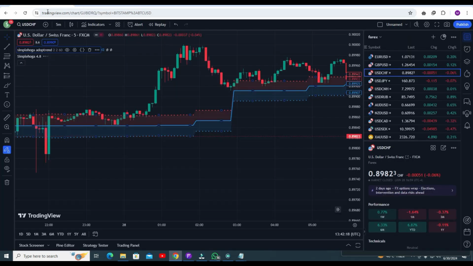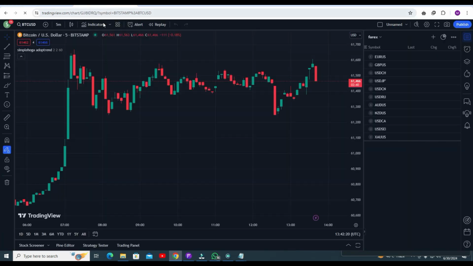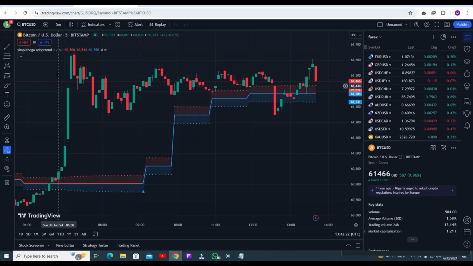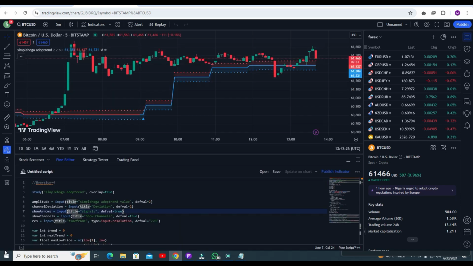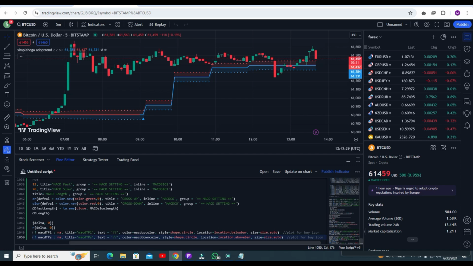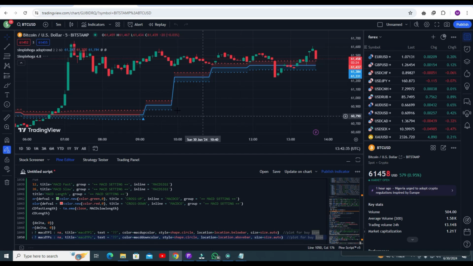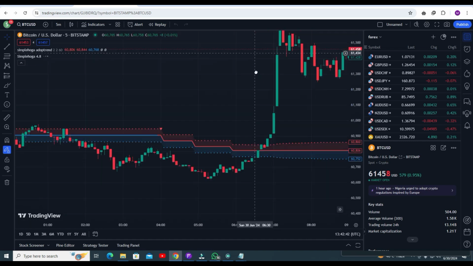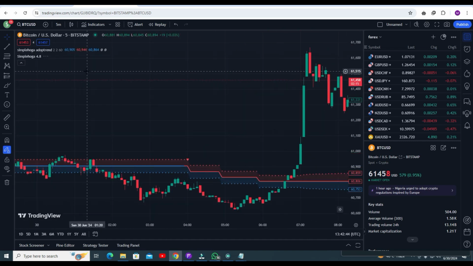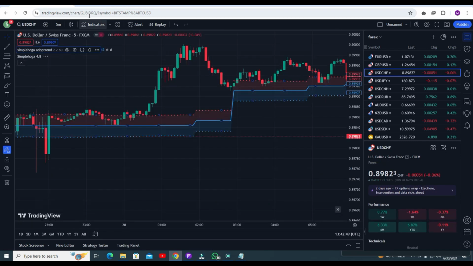I have to refresh it. The second indicator I have to add here again, Control A, Control V, and click on add to chart. It's still compiling here. Hopefully it will be done soon. It's still compiling just because of the low internet connection.